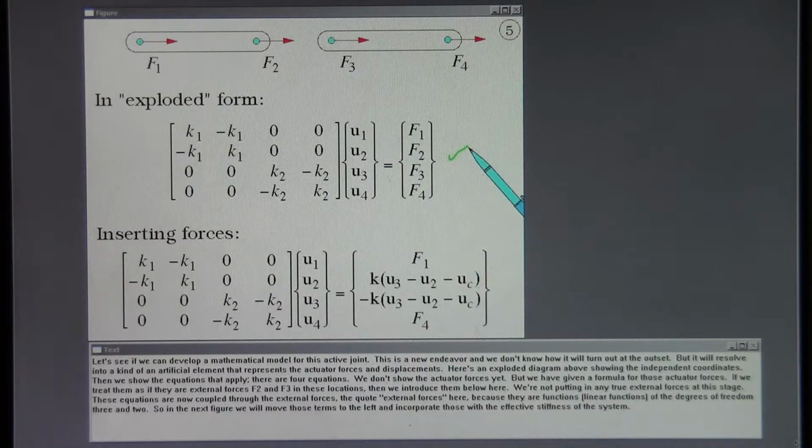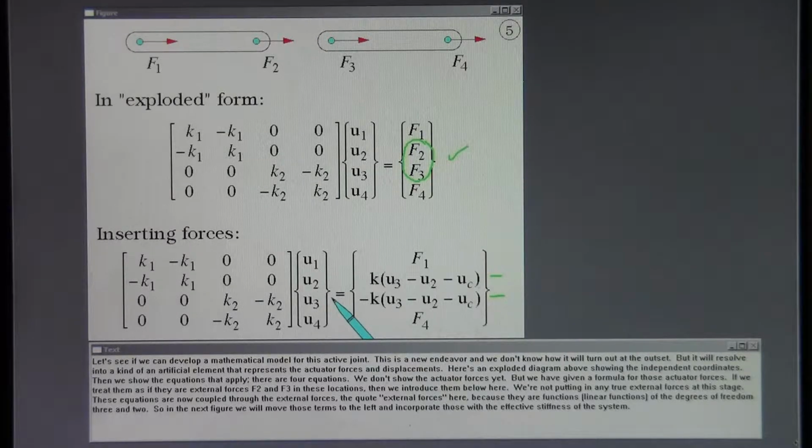There are 4 equations. We don't show the actuator forces yet. But we have given a formula for those actuator forces. If we treat them as if they are external forces F2 and F3 in these locations, then we introduce them below here. We're not putting in any true external forces at this stage.